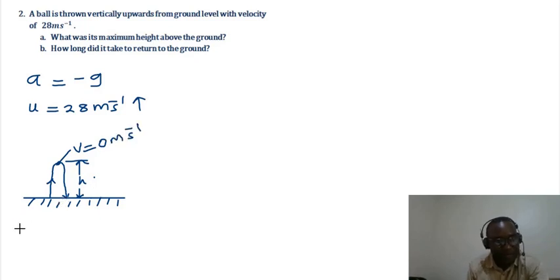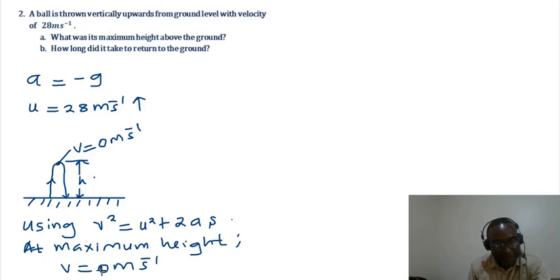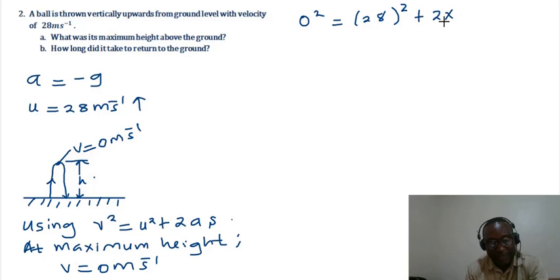So we can use v squared equals u squared plus 2as at maximum height, where v is 0. Substituting: 0 squared equals 28 squared plus 2 times a, but a is negative g, which is negative 9.8, times the distance it travels to reach the maximum height, which is small h.